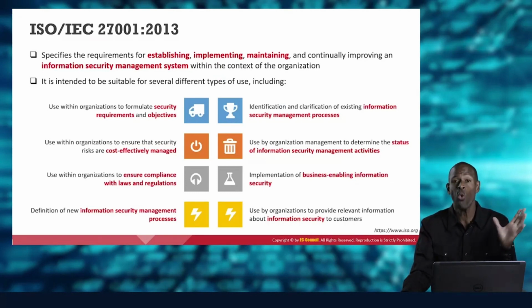27001 actually covers quite a lot, and there are a lot of subtopics in 27001, but there is specifically 27001:2013, which is the requirements for establishing, implementing, maintaining, and continually improving your information security management system. This is actually pretty cool.